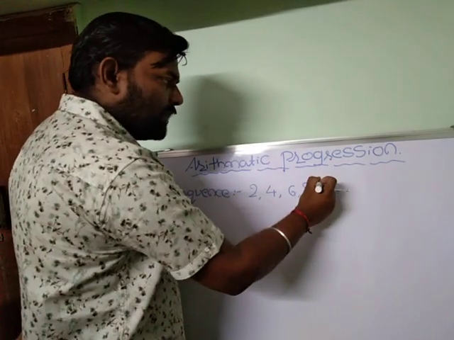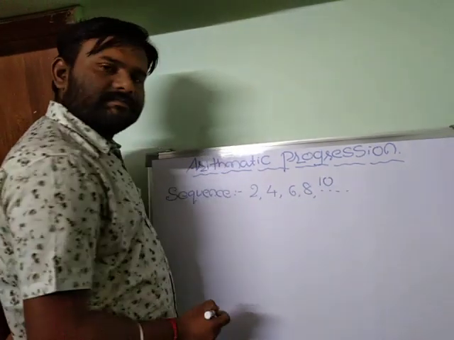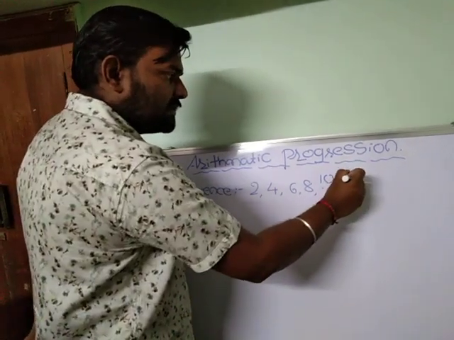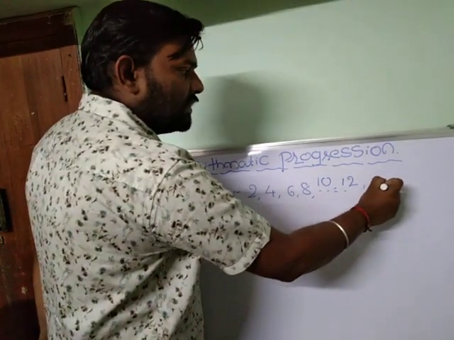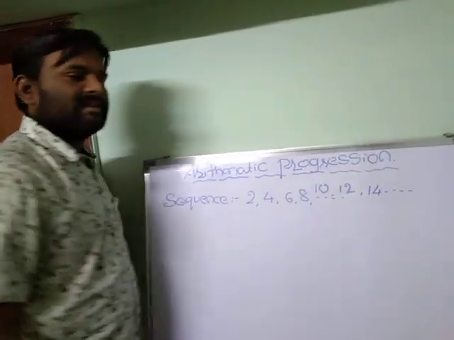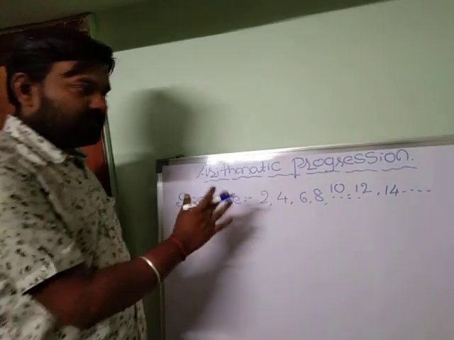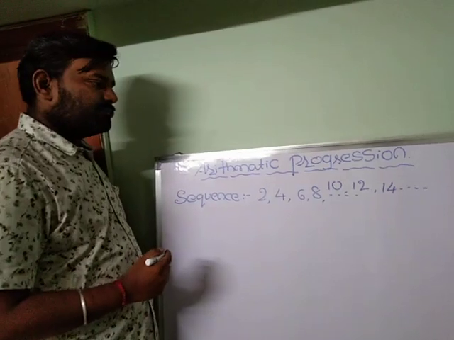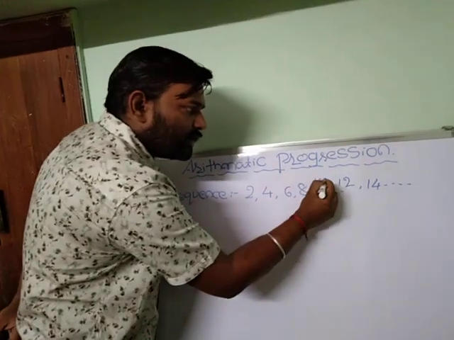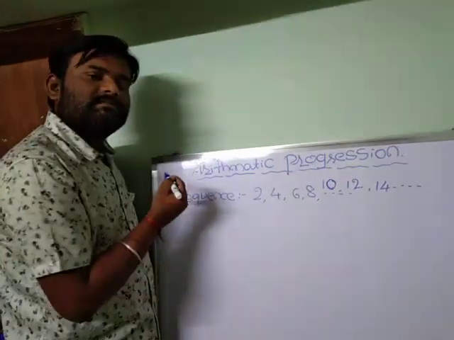The next number probably will be 10, followed by 12, followed by 14, and so on. It continues like this. Listen carefully, I am speaking about the sequence. What made you write the next term 10 is very important.